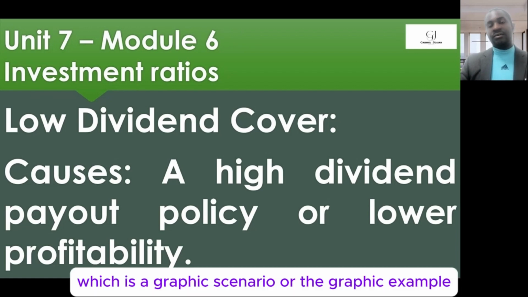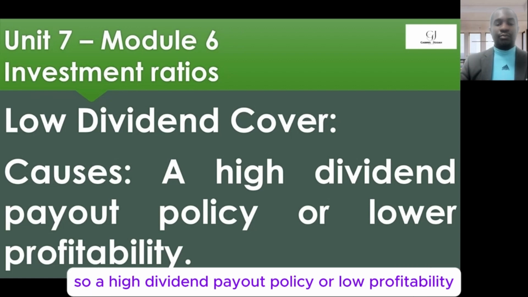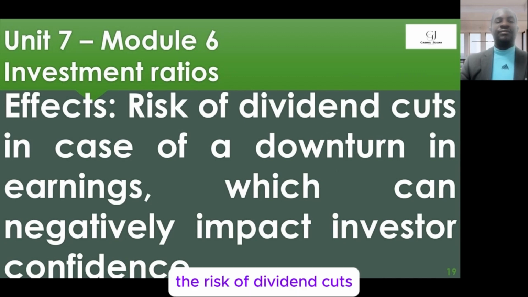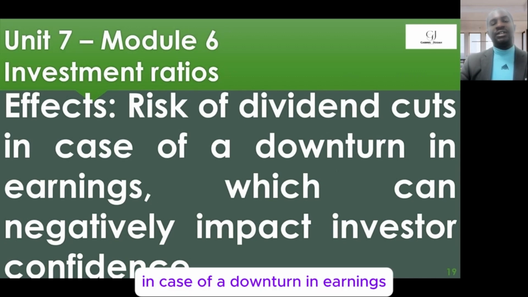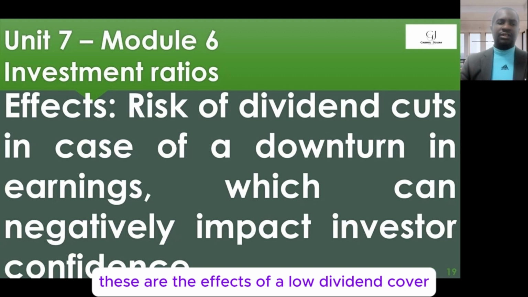So a high dividend payout policy on low profitability is the cause, while the effects are the risk of dividend cuts in case of a downturn in earnings, which can negatively impact investor confidence. These are the effects of a low dividend cover.